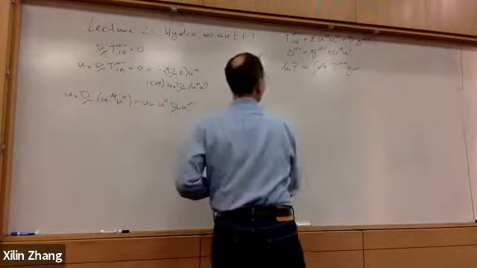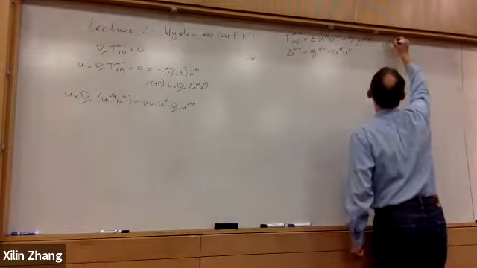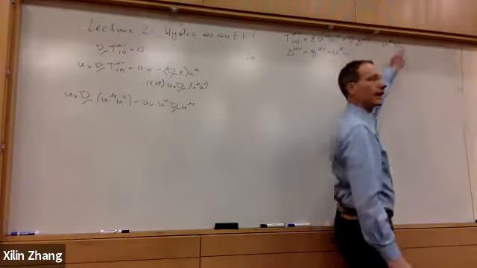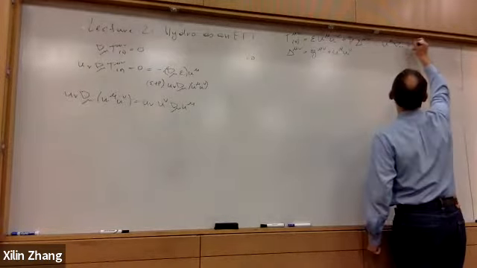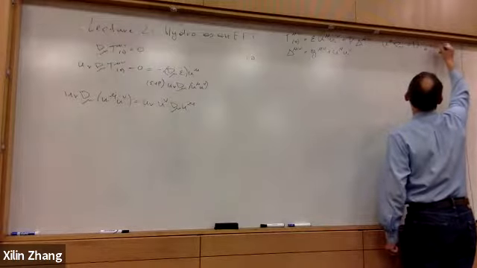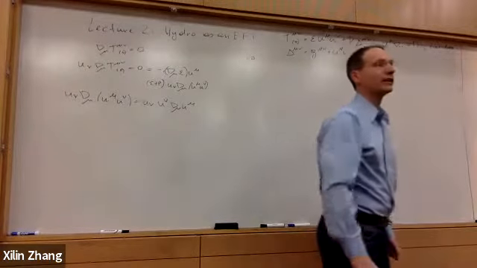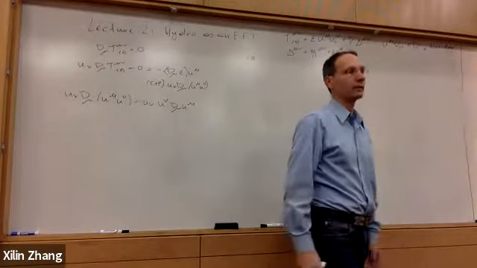There are operators that look like this: u^μ ∂_μ, which in the local rest frame means you're taking the time-like part of the gradient. I will call this thing D, and it's a time-like derivative. Think of d/dt for this thing. It's just, in a Lorentz covariant way, a time derivative.